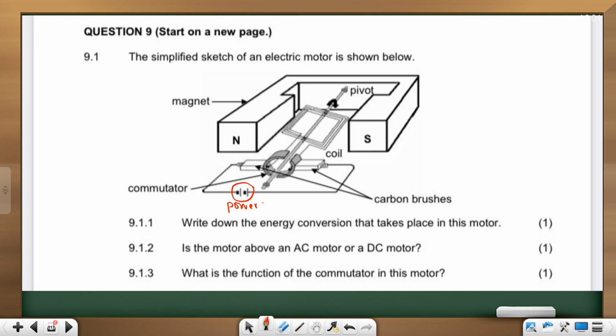Now, I want to talk. Sorry? No, it could also be in a generator. Yeah, it could be a generator. That's what I actually want to talk about. That carbon brushes and commutators. Can we talk about the uses, parts and uses quickly?